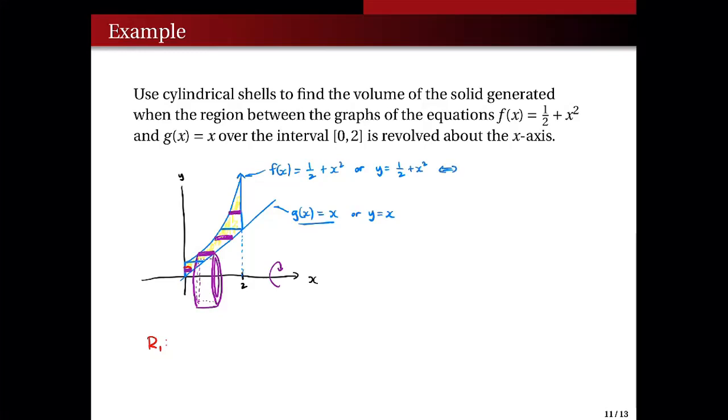This guy here becomes x squared equals y minus 1 half, or x equals plus or minus square root of y minus 1 half. But we only take the plus part, because if you look at the graph in here, it's just on the positive side of x. So you just have your positive side.